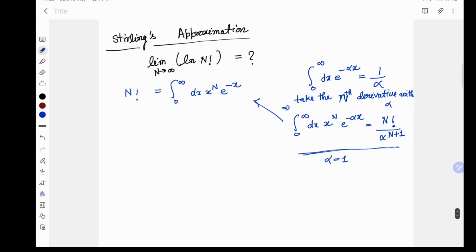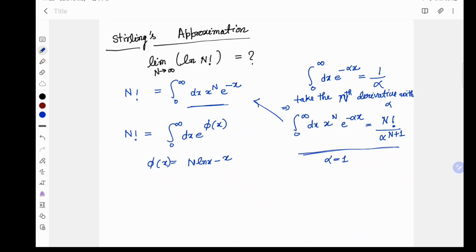But this functional form is not the same as the one we have done earlier. To put it in the previous form, we can write it as exponential phi x, where phi x is n log x minus x.